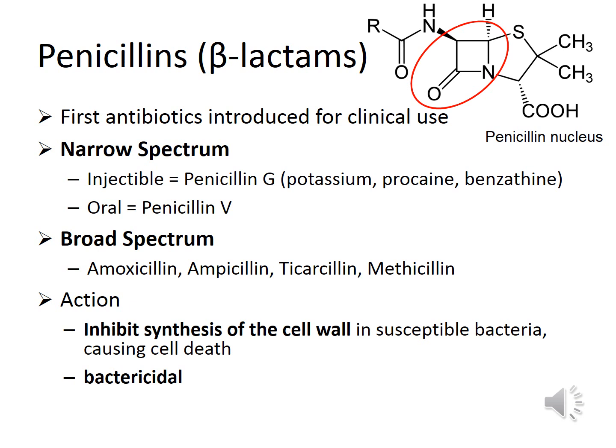Penicillin G is the injectable form. There's a soluble form of penicillin G called potassium penicillin G that dissolves in water. That one can be given either IV, IM, or sub-Q, just really any way you want to give it. And then there's a procaine penicillin G, which is given IM only. That's a suspension of penicillin.